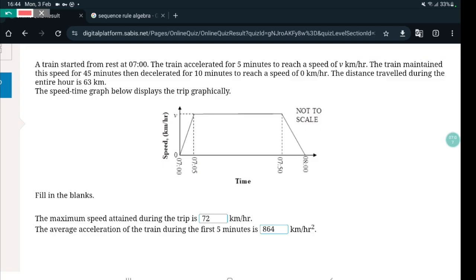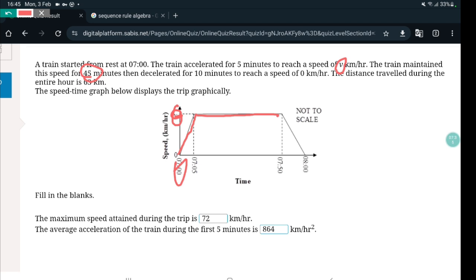Okay, so for this question, it says the train started from rest at 7. It accelerated for 5 minutes to reach a speed, which we don't know. They gave us a variable. The train maintained the speed. It stayed at the speed here for how long? For 45 minutes.